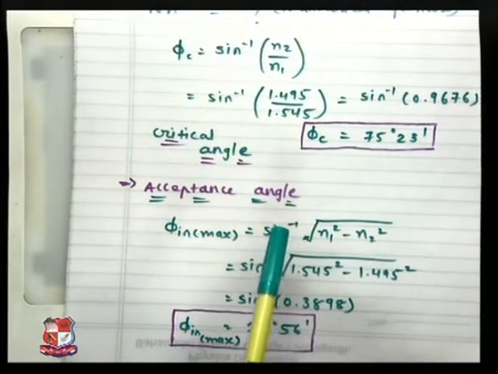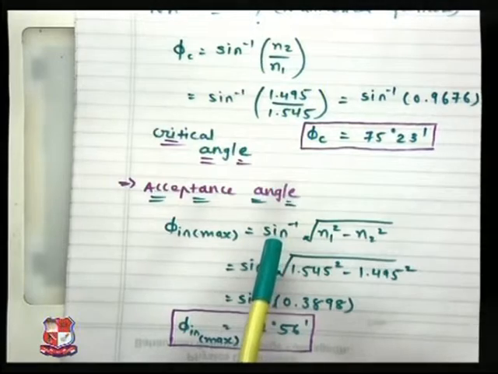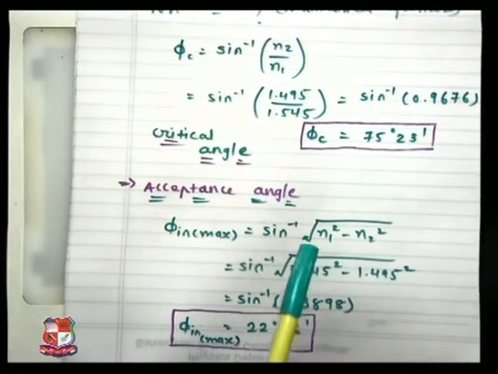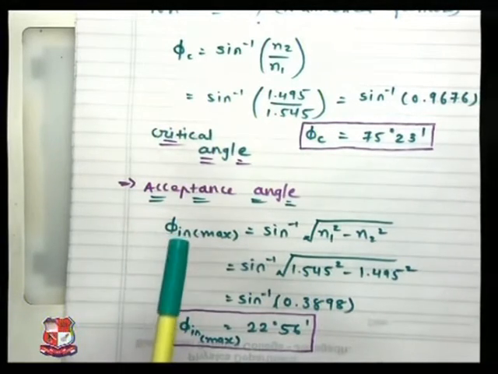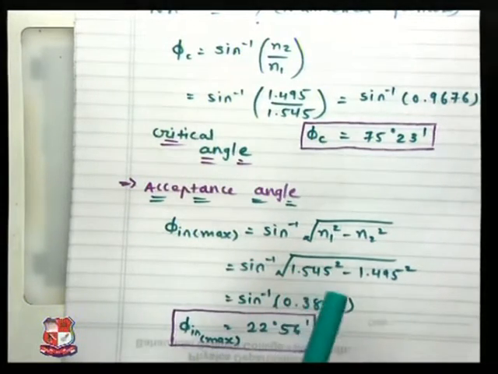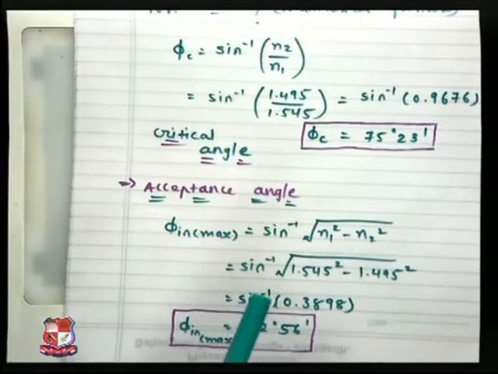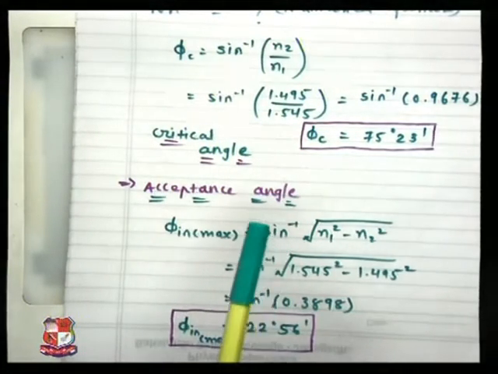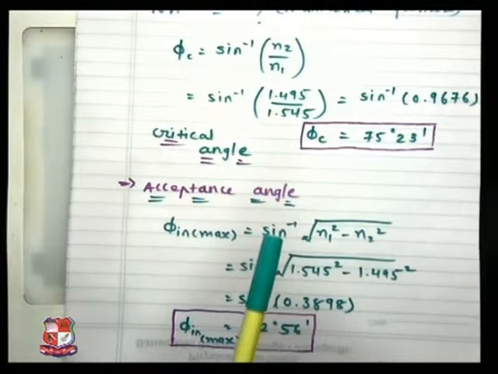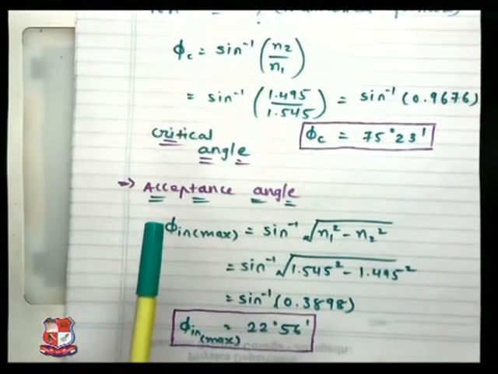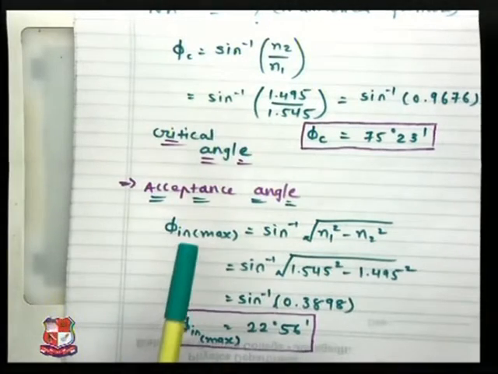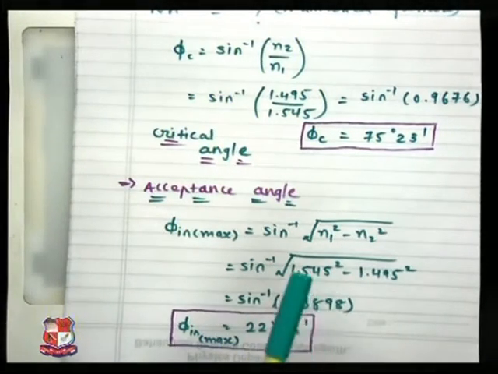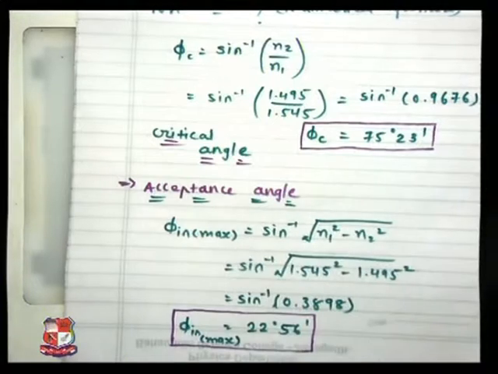Actually, if the sine inverse on the right hand side is moved to the left hand side, the equation would be sine phi in maximum is equal to under root eta 1 square minus eta 2 square.